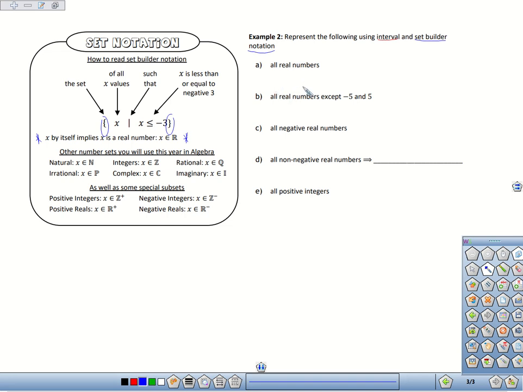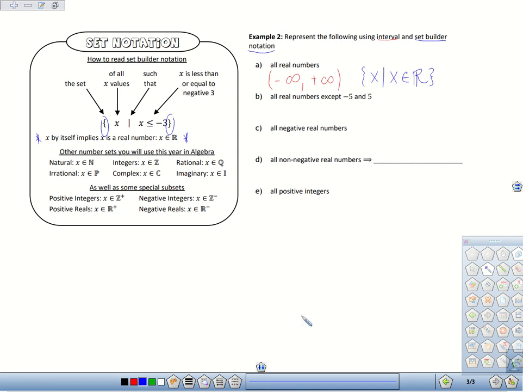So, all real numbers, if we're indicating that with interval notation, that's going to be from -infinity to +infinity. In set notation, that's going to be x such that x is an element of the real number set. So this right here, this weird e, it means element of.